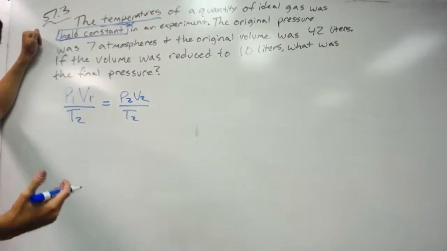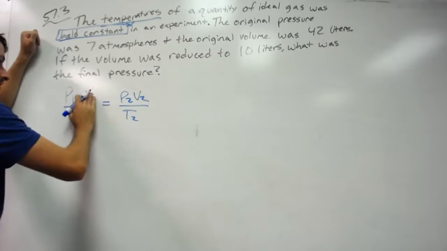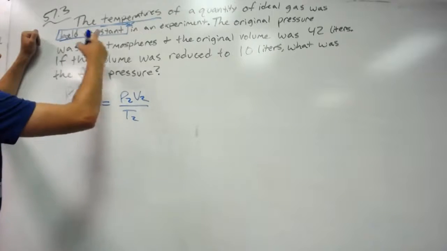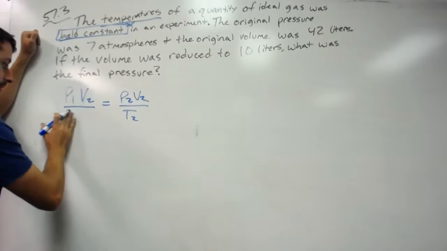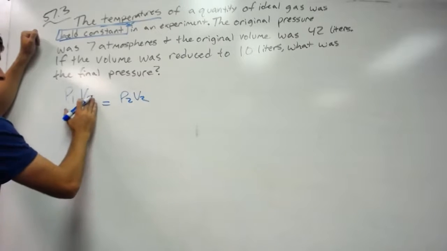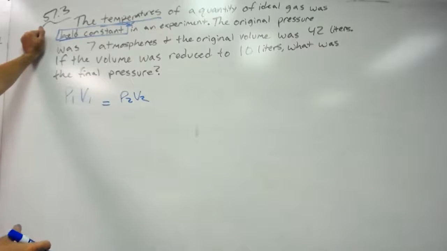That means they're the same. If they're the same, we can eliminate the temperature and be left with P1 V1 equals P2 V2. We just crossed out the T1 and T2 in our equation.